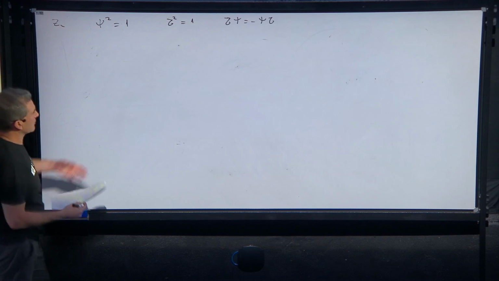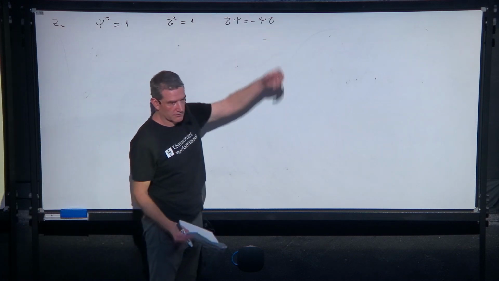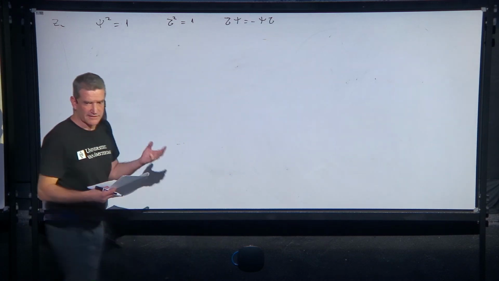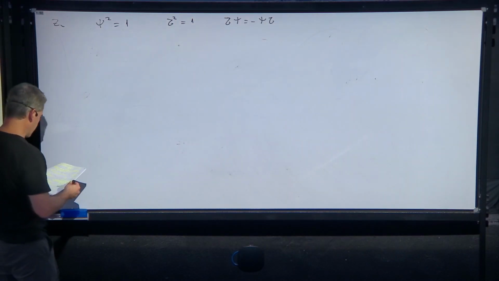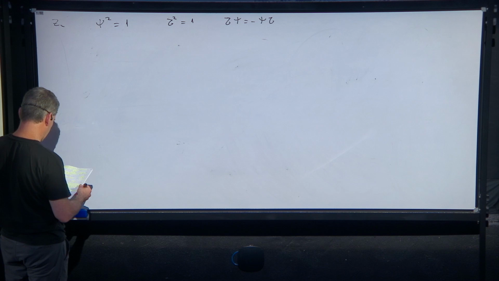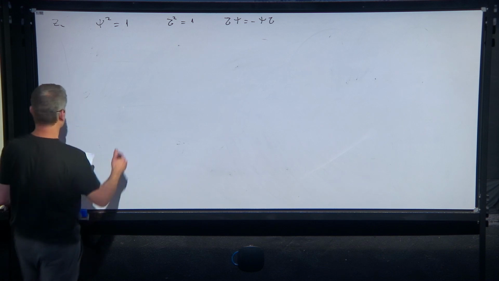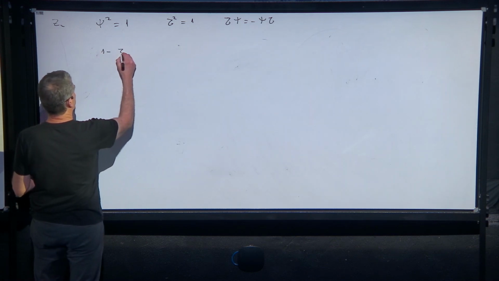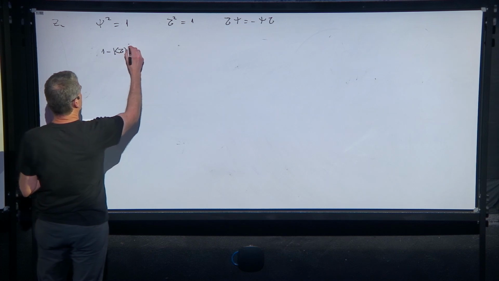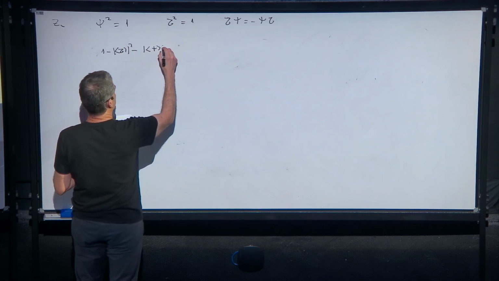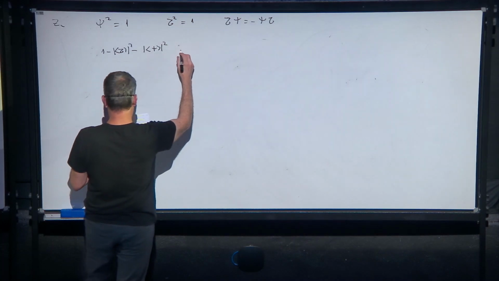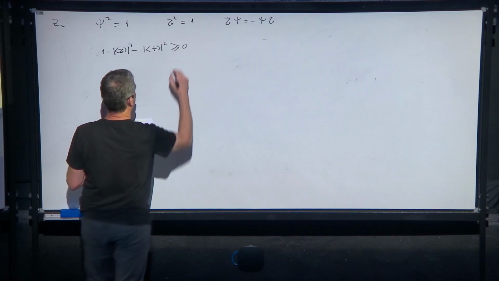Then I could use this non-commutativity to produce an uncertainty relation, as is usually done for operators. And what you get is that 1 minus the expectation value of tau squared minus the expectation value of phi squared is greater or equal than 0.